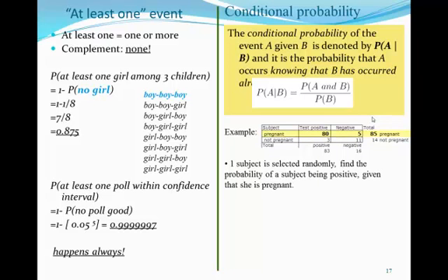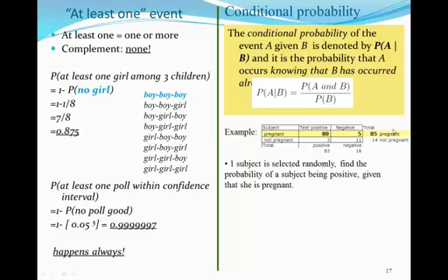And let's look at the example. So here we have a pregnancy test result. The table lists all the data here, right? So here I add up the row total and the column total.